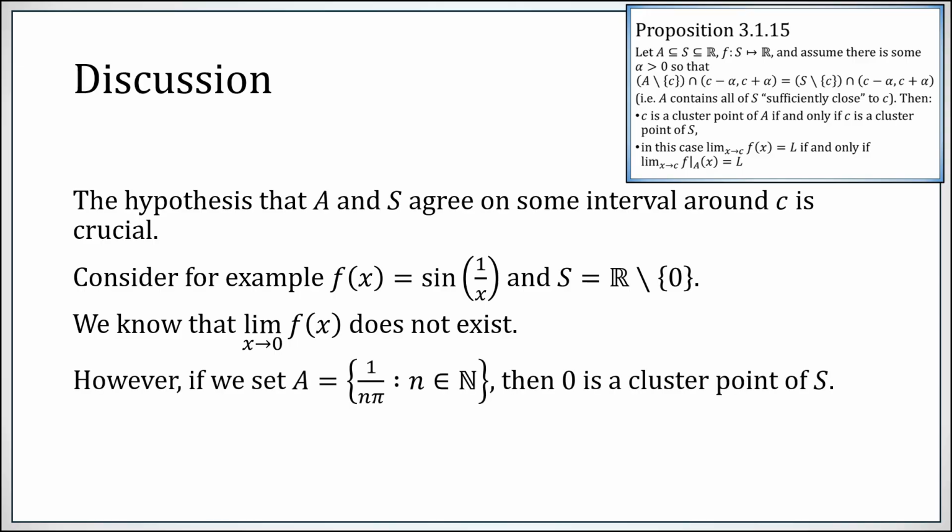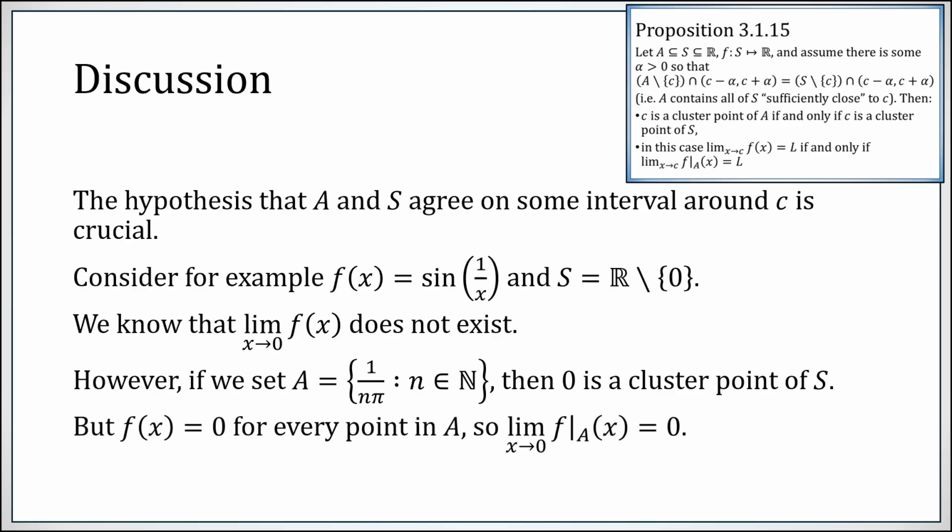But if we took A to be a really peculiar set, just 1 over n pi, this collection of points, it still has 0 as a cluster point, but on the restricted function, only looking at these values in the domain, the function looks like a constant, so this restricted function does have limit 0.